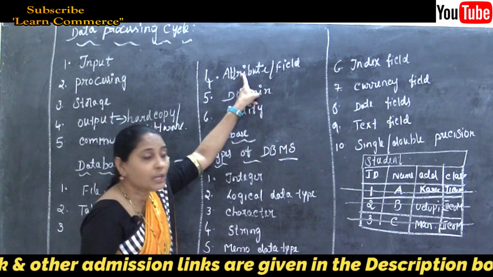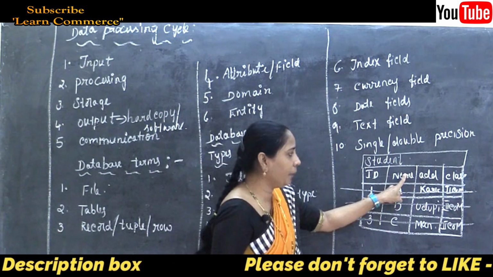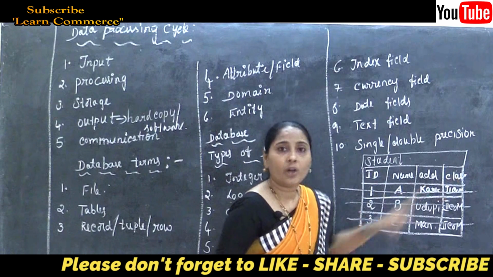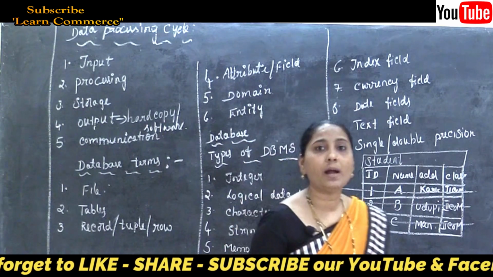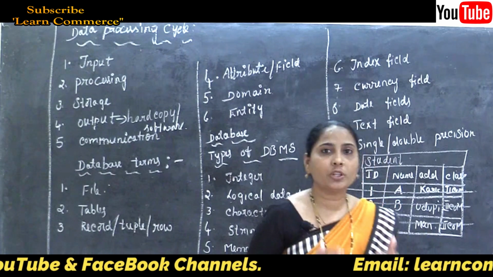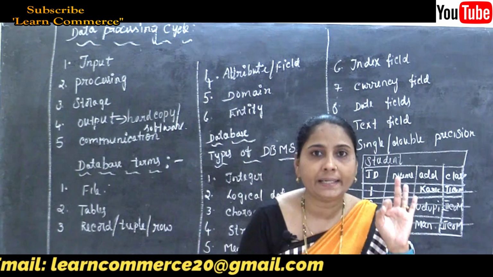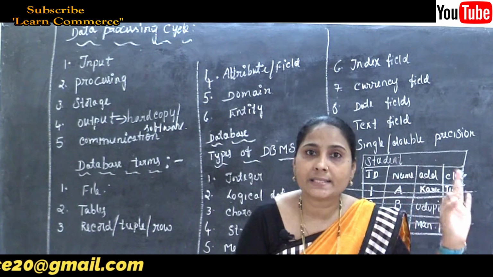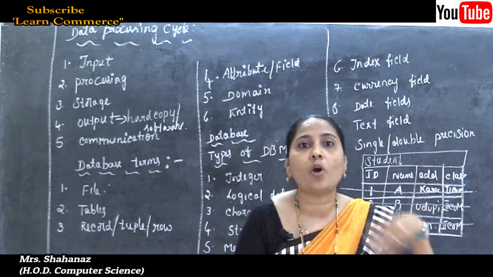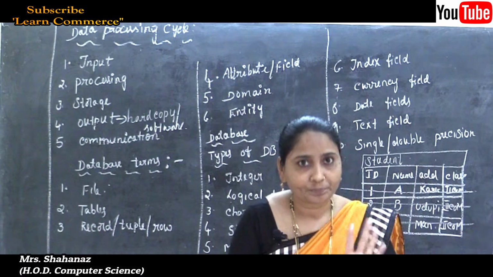Here how many columns are there? ID, name, address, class. This is the example for attributes or fields. So the meaning of the attribute or field: each column is identified by a distinct header. The header of the column is called the attribute or the fields.